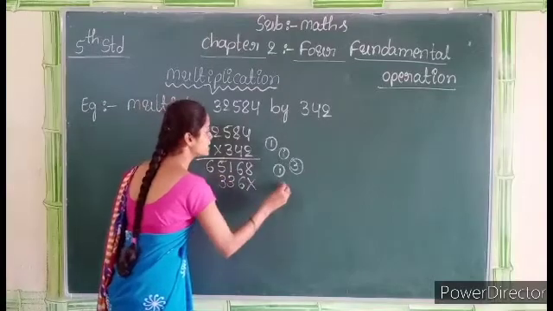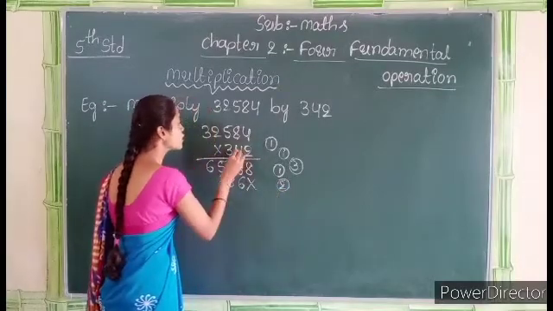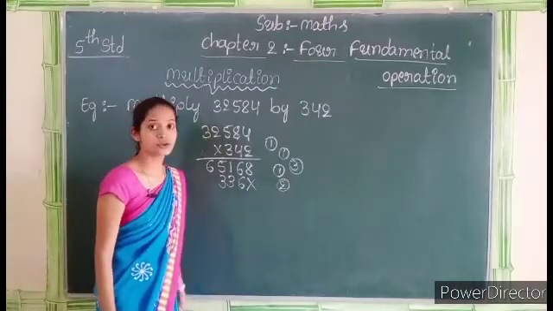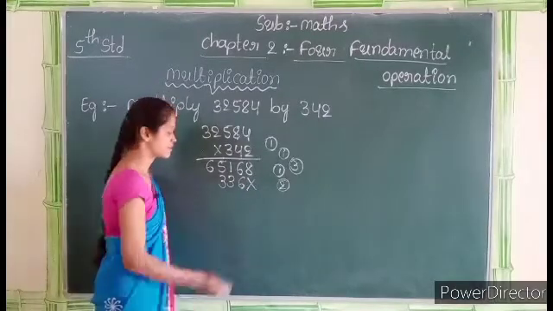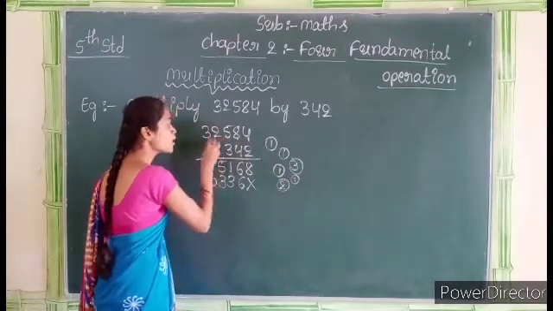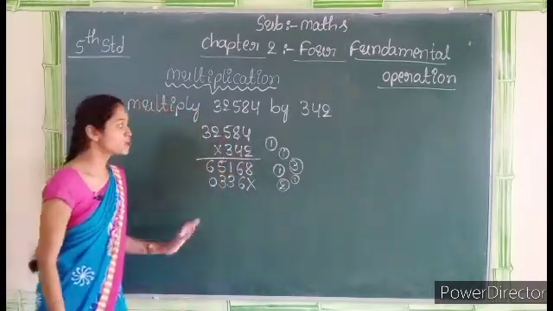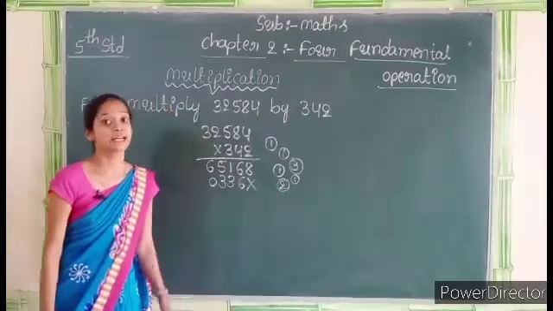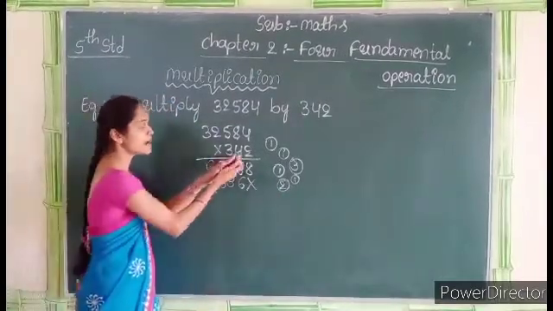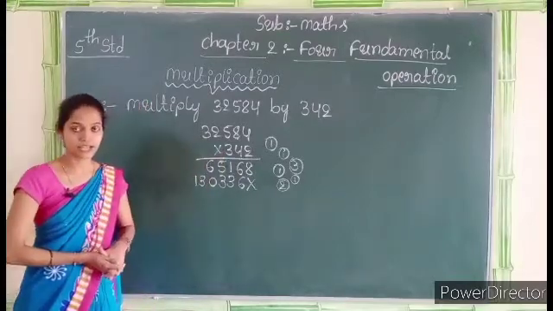I will write 3, then 2 carry, then 4 2s are 8. 8 plus 2, that is 10. I will write 0, then 1 carry over, then 4 3s are 12. 12 plus 1, 13. Okay, now we completed the tens place multiplication.